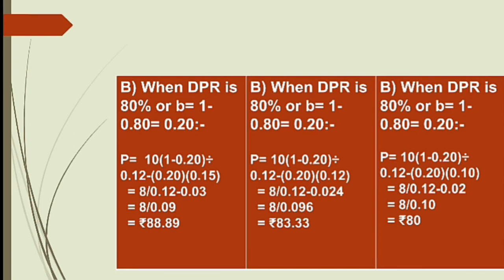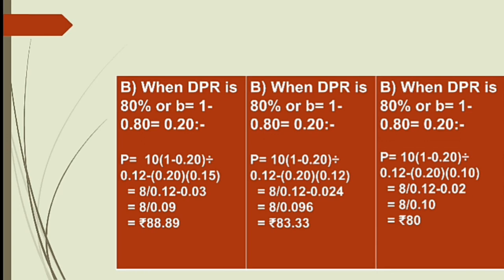Now the second condition, when R equals 12%. Dividend payout ratio is 80%, as we already know, so B equals 1 minus 0.80 equals 0.20, the same in all three conditions. Write the values in the formula: P equals 10 multiplied by 1 minus 0.20, divided by 0.12 minus 0.20 multiplied by 0.12.